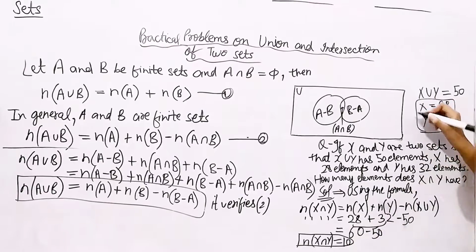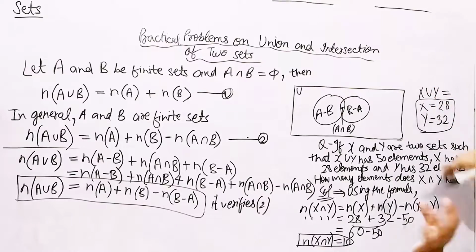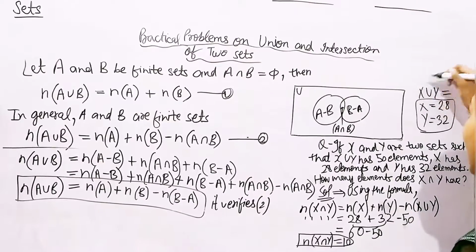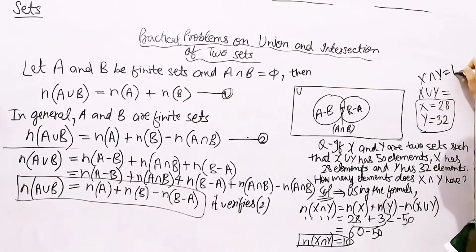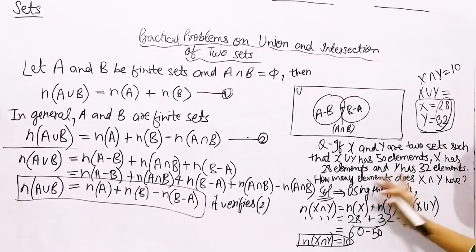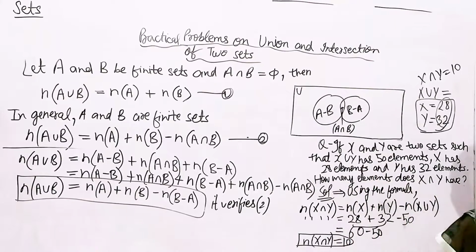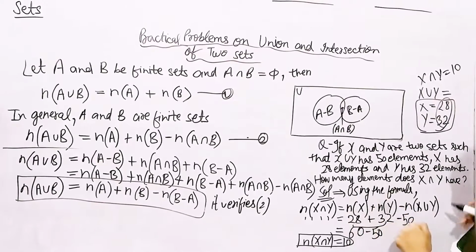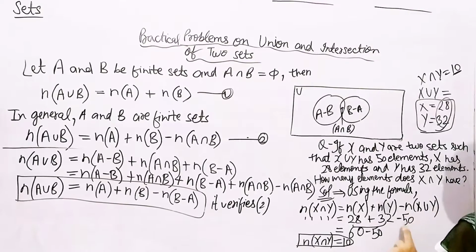To check it, suppose we don't know the elements of X union Y, and we have X intersection Y equal to 10. How can we find it? Following this formula, I'm going to write X union Y here and X intersection Y there, then the same pattern, 28, 32, and here 10.